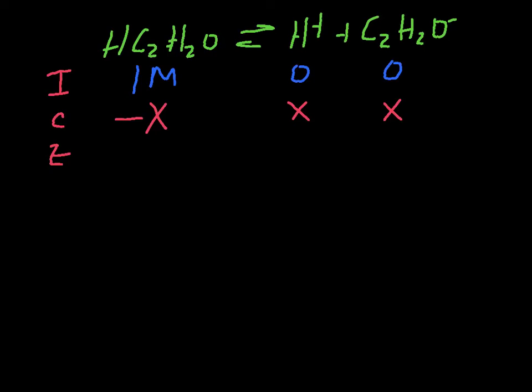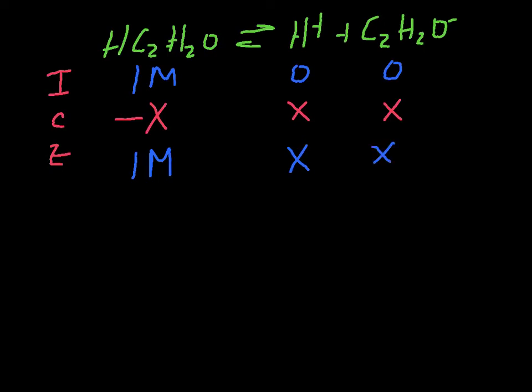Now at equilibrium, I'm going to ignore these X's because this X is too small to make a difference in my original concentration. So my equilibrium concentration for the acetic acid is 1 molar. This hydrogen ion concentration becomes X, as does the acetate.